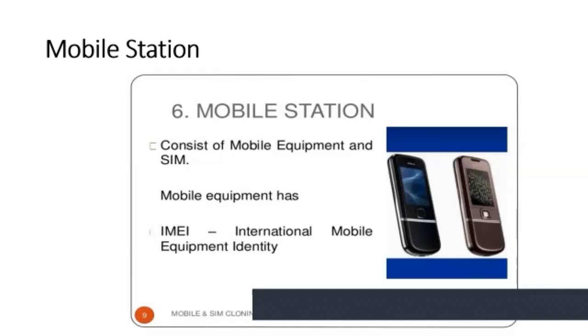IMEI number can be found by dialing certain numbers. What is that? Does anyone know what you will type to be able to see the IMEI number?